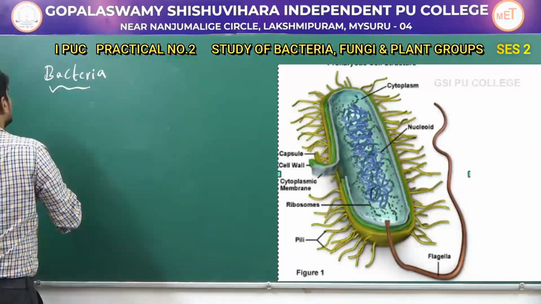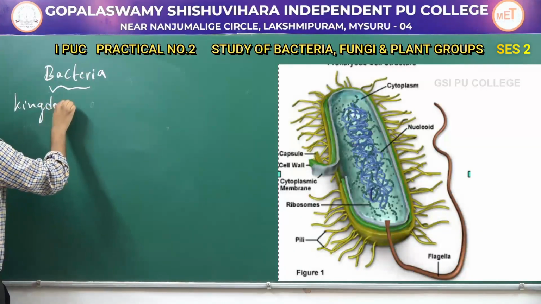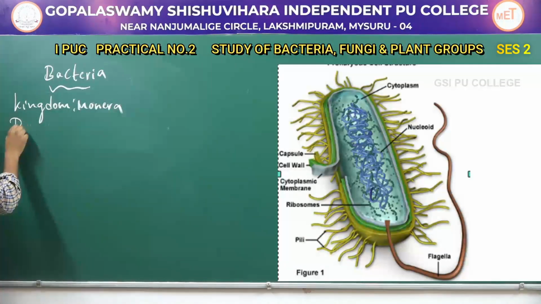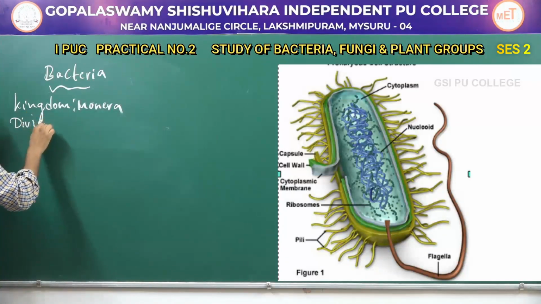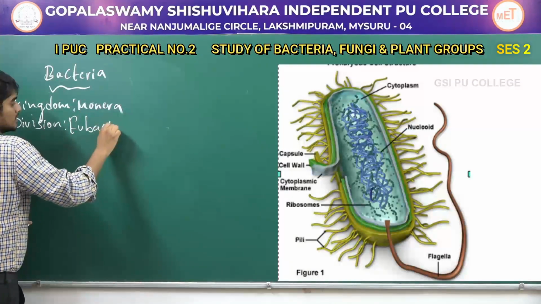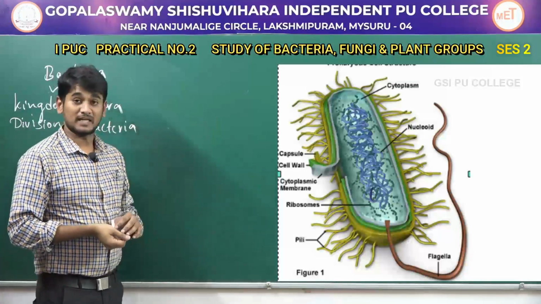Bacteria comes under the kingdom Monera, and the division is Eubacteria. On the right side you can observe the picture of bacteria.